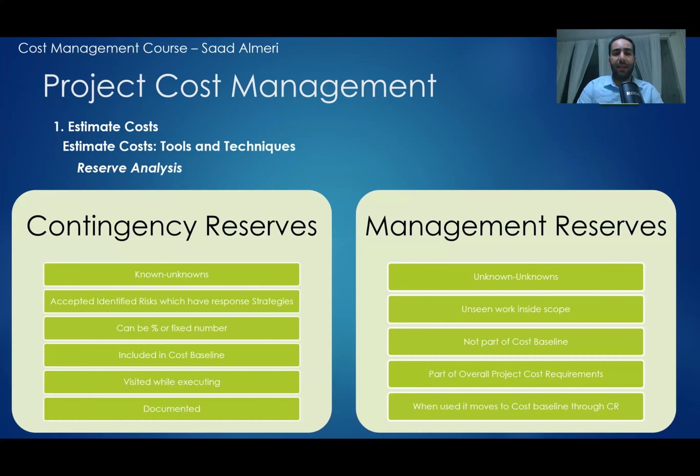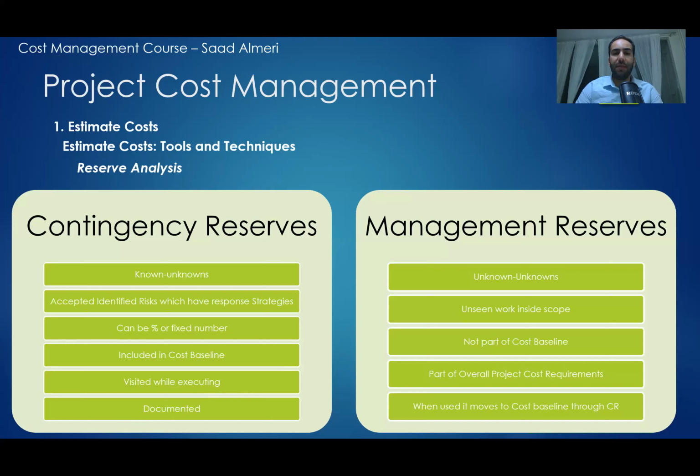Later on in the project, I can examine the waste of concrete while I am doing the job, and then I can revisit this while executing the project and see if the contingency reserve that I put for this risk is enough or not. So this is what we mean with revisiting this while executing.